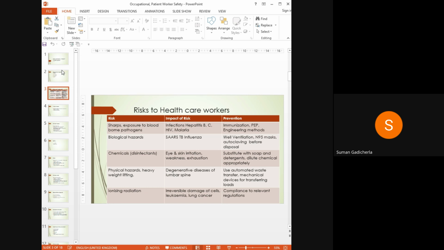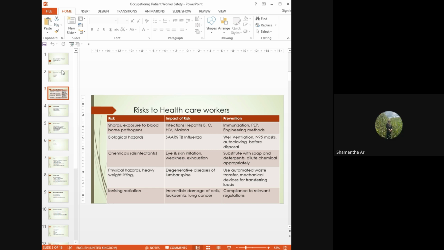Another one, what you mentioned, was ionizing radiation. Radiation hazard is always there, especially when there are X-rays, or any radioactive isotopes that are being given to a patient. But when it comes to X-rays, can you all tell me what precautions are taken while taking an X-ray?